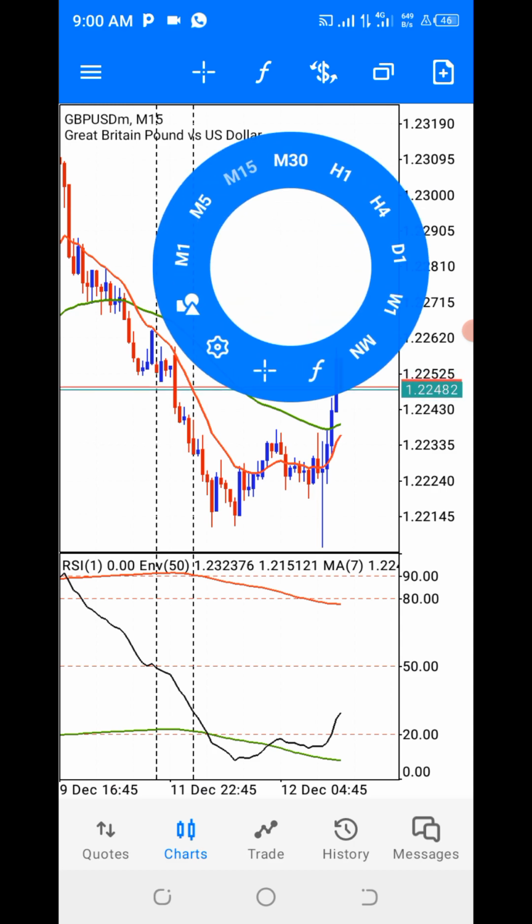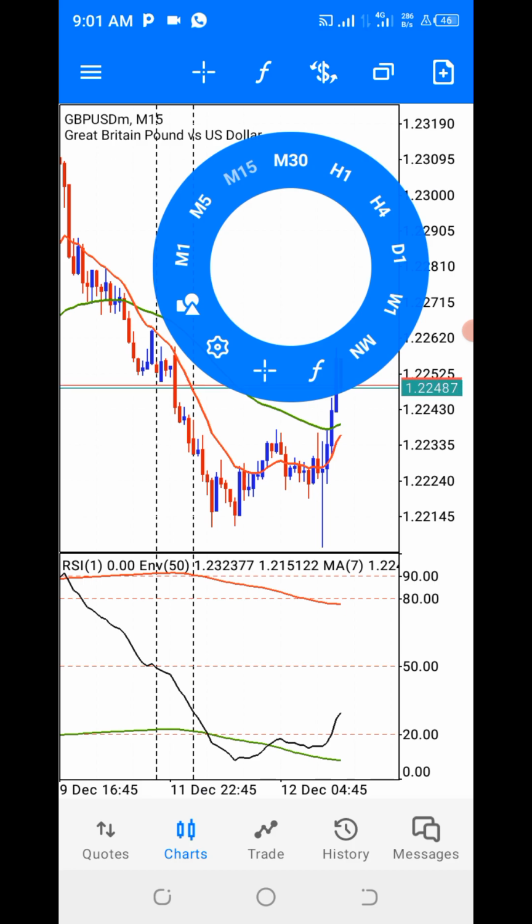For the top-down analysis, you can work with 2 time frames. Though some people say 3 time frames, I work with 2. The major 2 time frames that I work with are the 4-hour time frame and the 15-minute time frame.